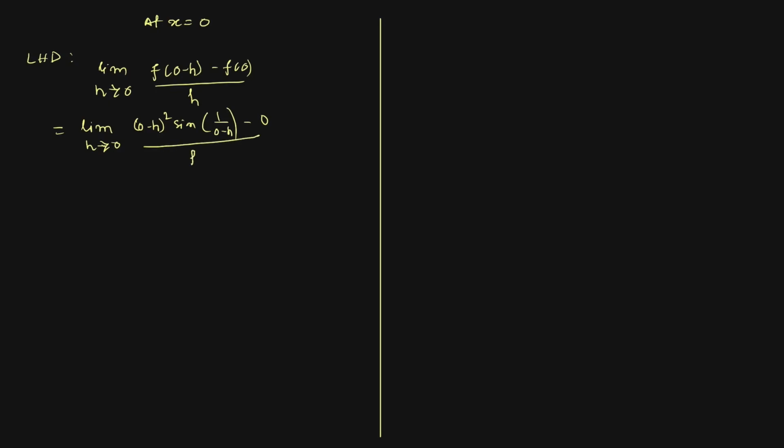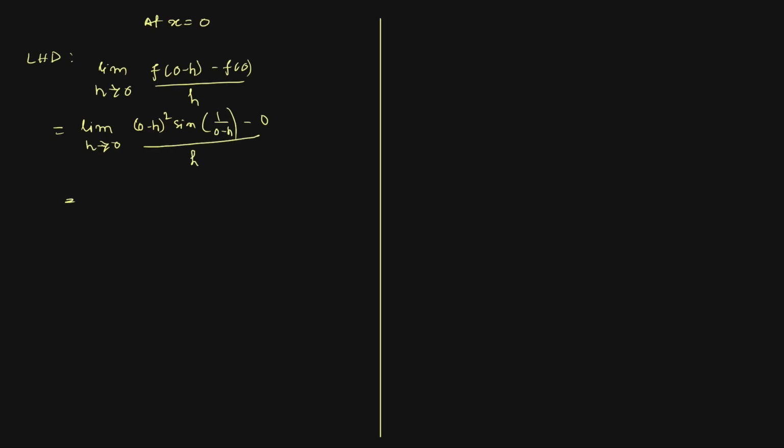For the left-handed derivative, that is limit h tends to 0 f of 0 minus h minus f of 0 divided by h, which is equal to limit h tends to 0, f of 0 minus h we write as 0 minus h whole square sine 1 divided by 0 minus h, and f of 0 means 0 only, divided by h.